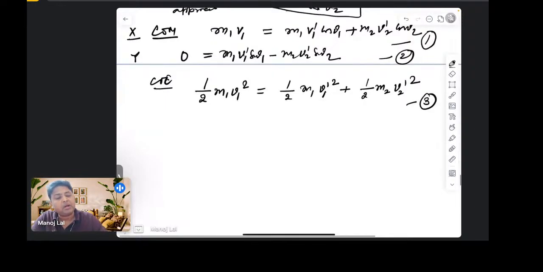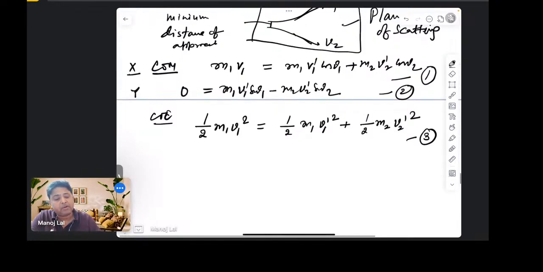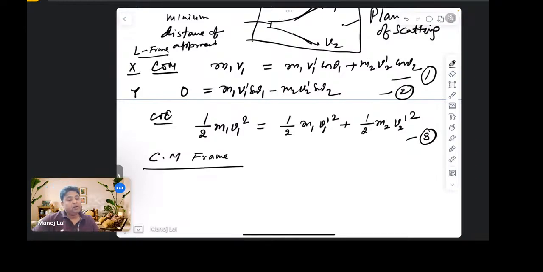This is what we have written from the ground frame, so I can say lab frame or ground. Now let us write the center of mass frame. What is the velocity of the center of mass?